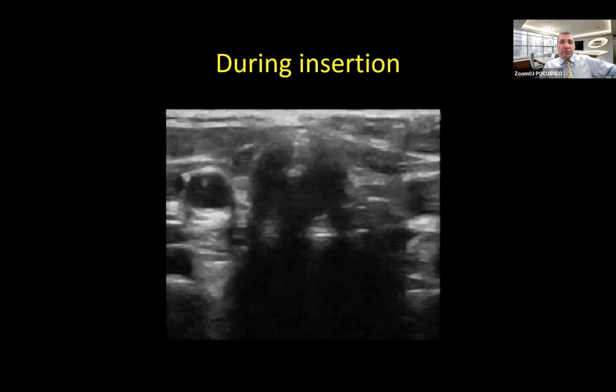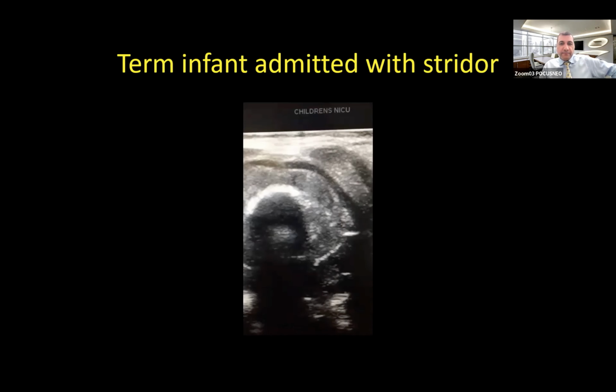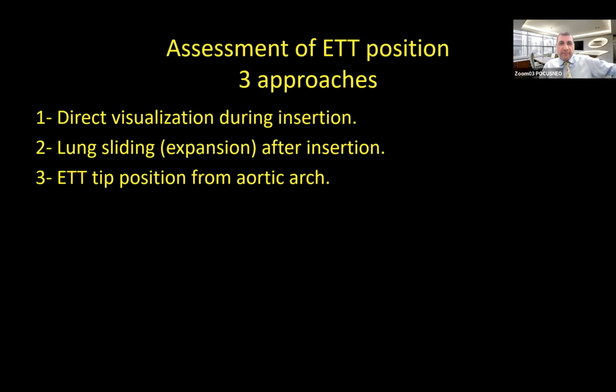What about the insertion of the ET tube? Yeah, move to the next. For assessment of the ET tube, you have 3 different approaches to assess the insertion. The easiest way that I advise you to start with is to assess the lung sliding and also the excursion of the diaphragm.